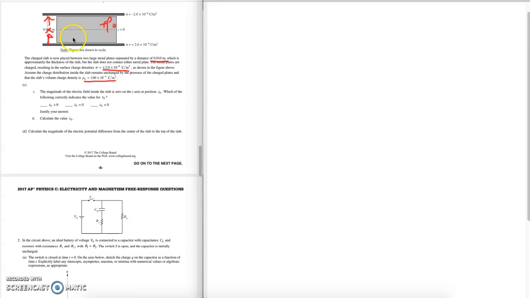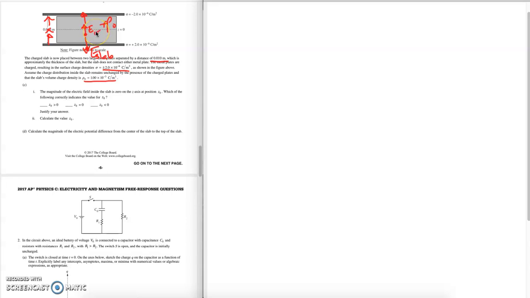Now, this guy is positive in here. So if I'm standing right here, I have up from plate 1, I have up again from plate 2, but then if you recall from part A way back at the beginning, I'm going to have down from the slab. So this is going to be E slab, and this guy is going to be E plate.